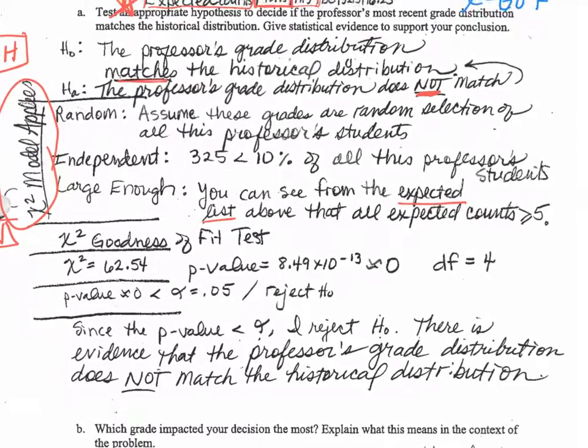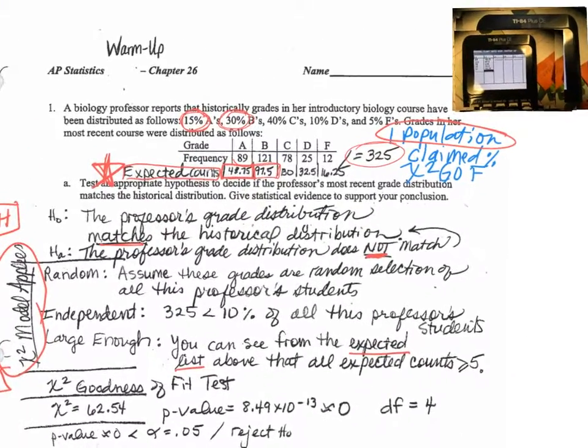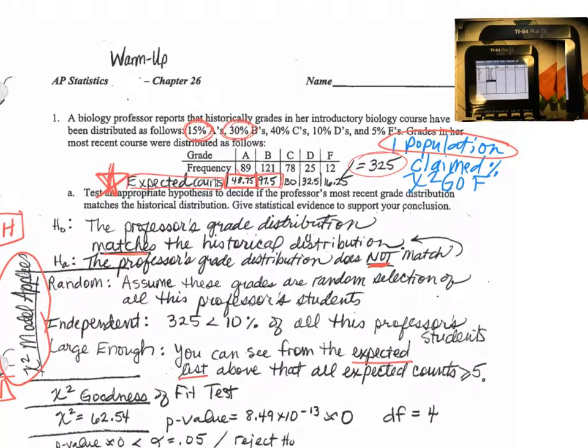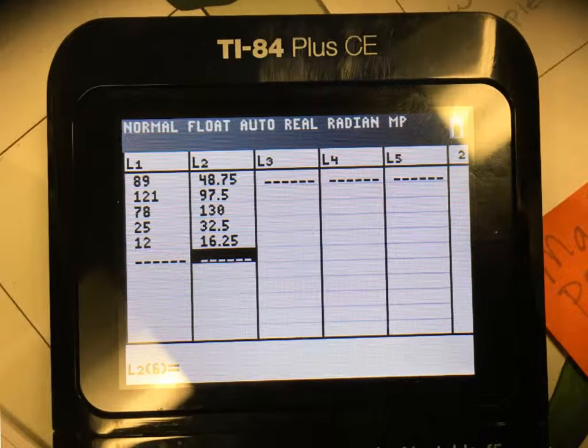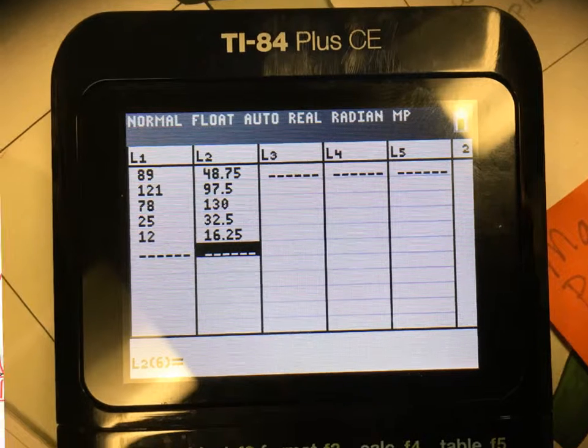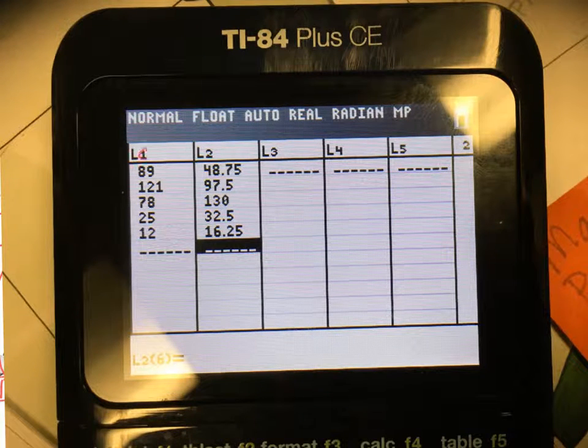Now I went into my calculator, and here's how I did this. I put the observed into L1, and then I put the expected into L2. That's what your lists look like.